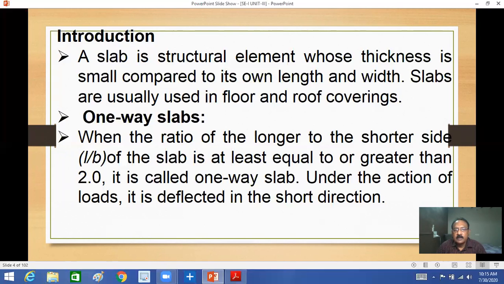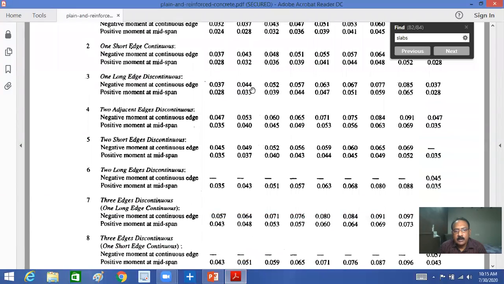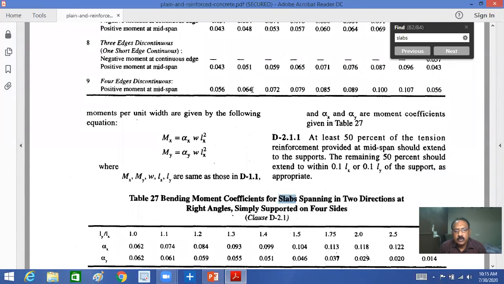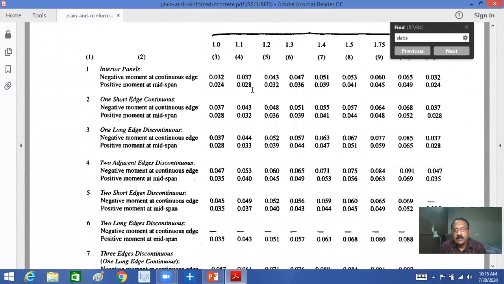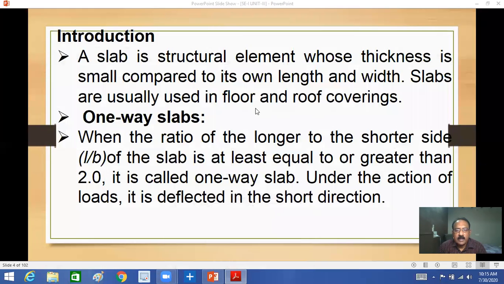Slabs are usually used in floors and roof coverings. These slabs are designed by IS 456, with the codal provisions and the design coefficient tables, Tables 26 and 27, showing how to use them in the design of slabs.